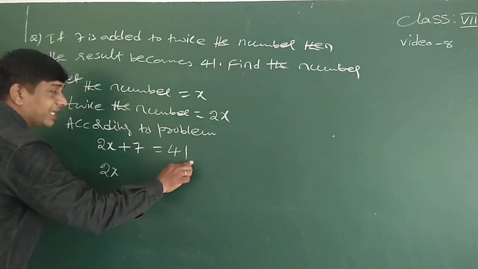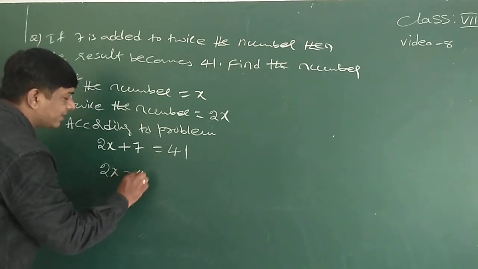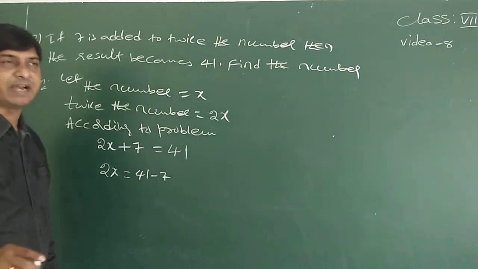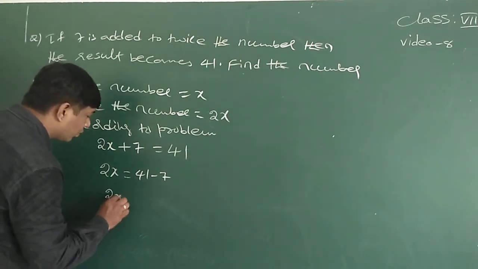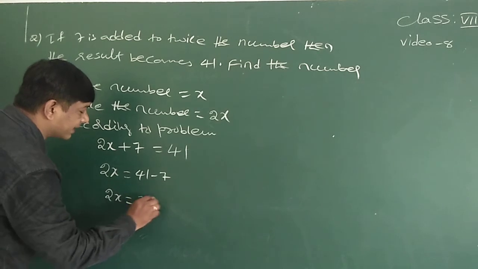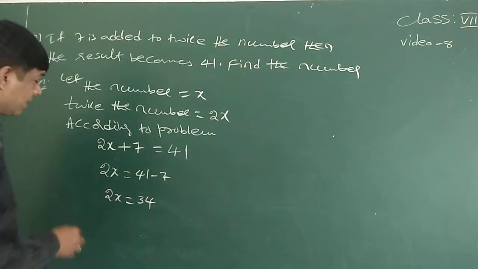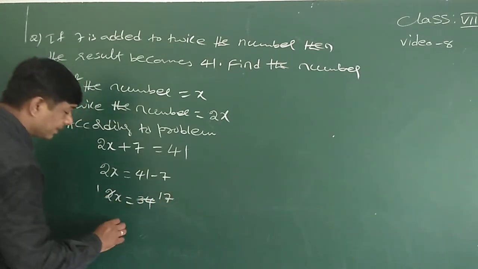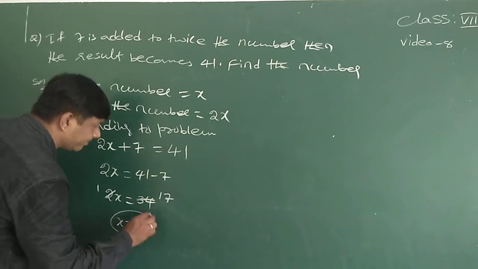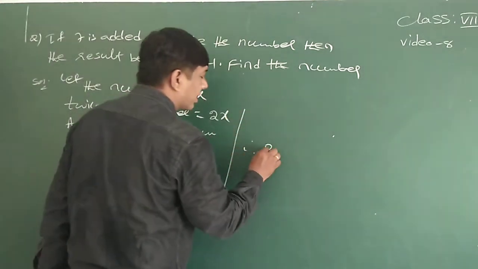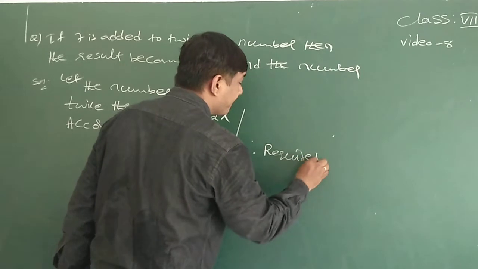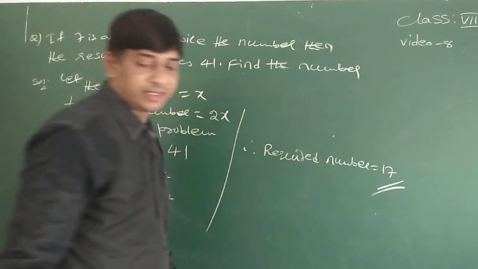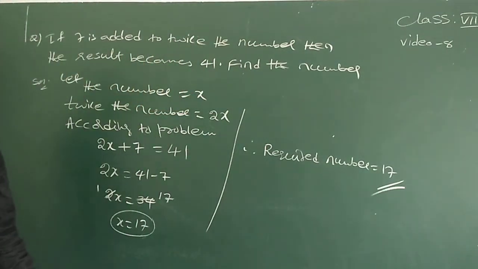Now I got a standard equation form. 2x is equal to 41 minus 7. 41 minus 7 is 34. So 2x is equal to 34.